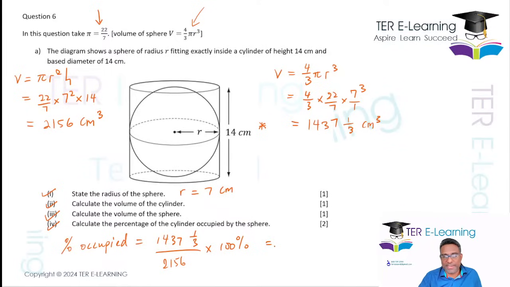When I divide this by 2156, I'm going to get 2/3 by 100. So you're going to get 66 and 2/3%. So that's the volume that is occupied by the sphere here.